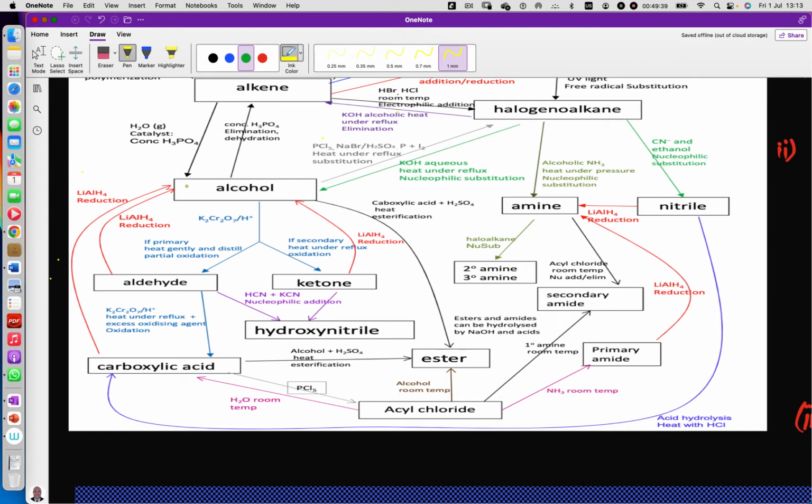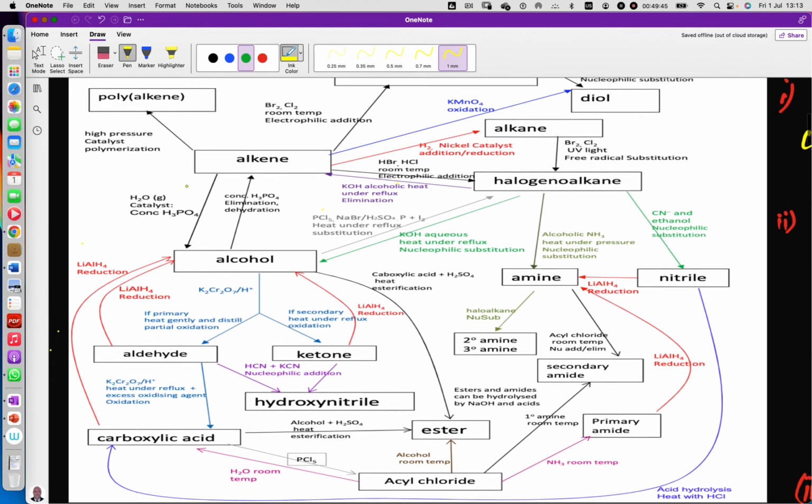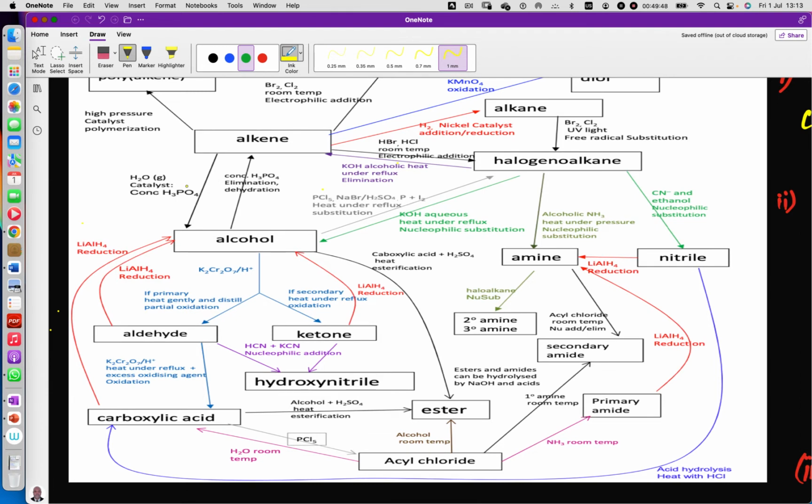The first thing with alcohol is that alcohol will undergo oxidation. Now, alcohols are oxidized.